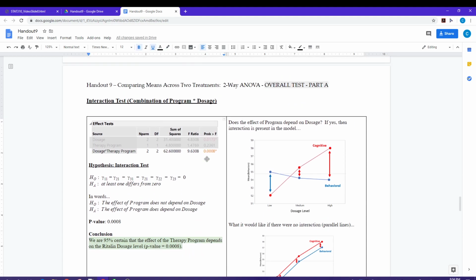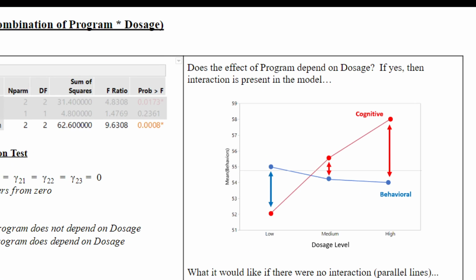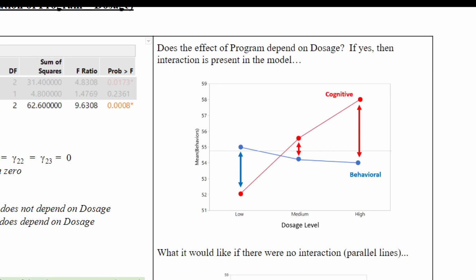Now visually, what this test is really doing is just looking at the gap here at low level. Let me zoom in on that. Is that gap different as I go from low up to medium and up to high? And that gap does differ. Over here on the right-hand side, cognitive is higher.